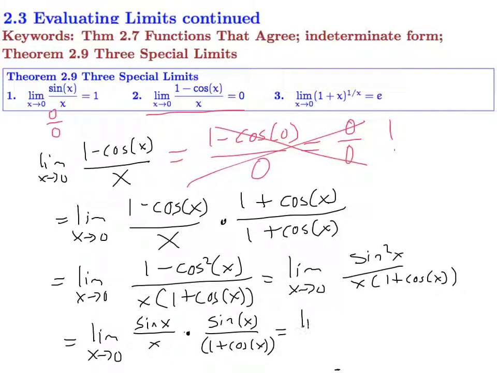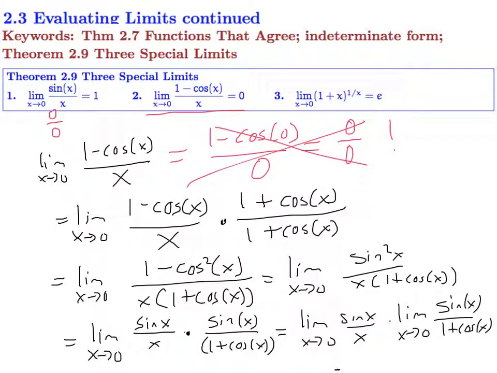The reason we want to do this is because these are two limits that we can compute. The first limit, sine of x over x, is exactly number 1 in the table up there. So this limit just becomes 1.